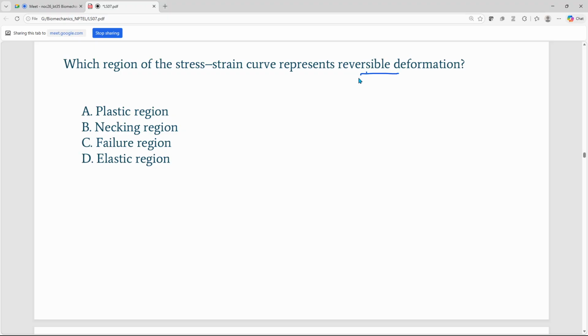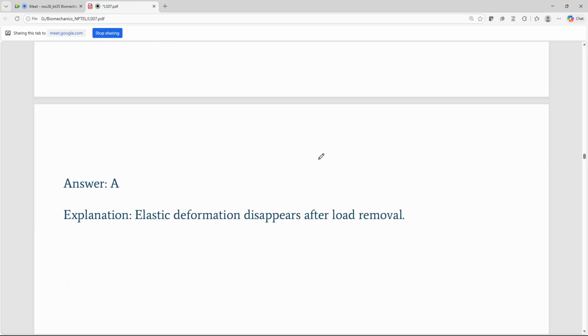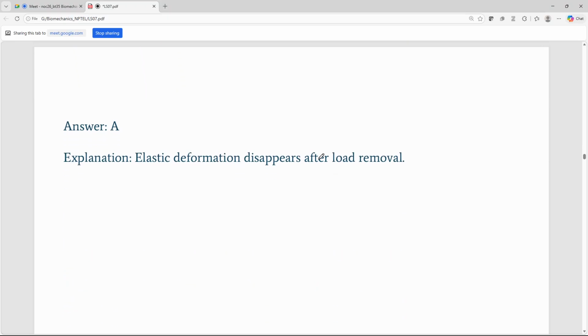The deformation is only reversible within the elastic limit, that is the elastic region. Option D is the answer. That is, the deformation will disappear once the load is removed.